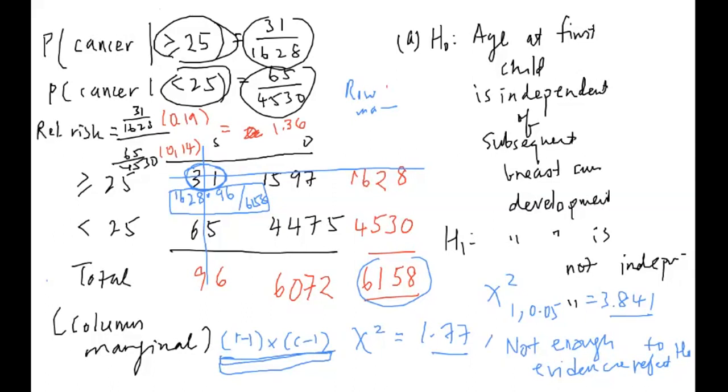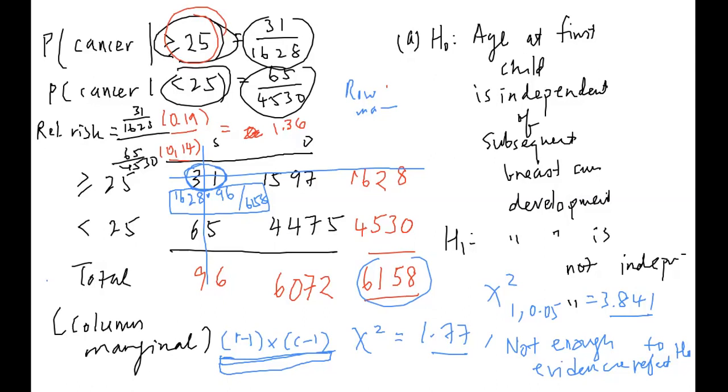Okay, so in fact, although the test doesn't reject the null hypothesis, if you compute the relative risk, you'll find that actually in this group, right, women who give birth to child at a later age, there seems to be more of them having breast cancer, slightly more, relatively about 36% higher, okay? Right, this one is close to 20%, this relative to about 14%, right? So relatively the risk is about 36% higher.